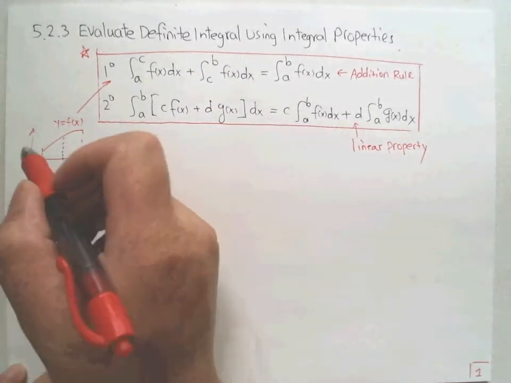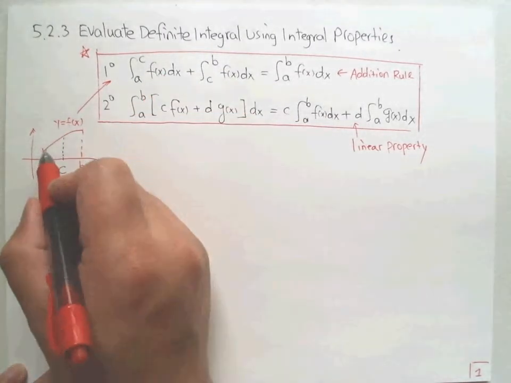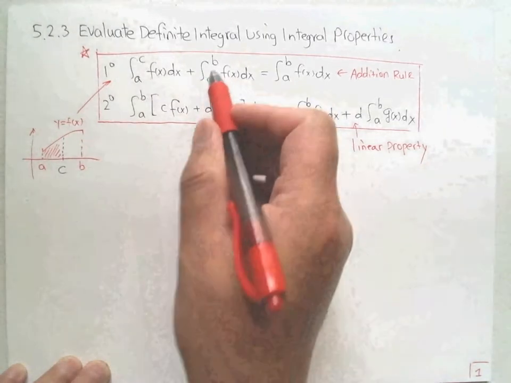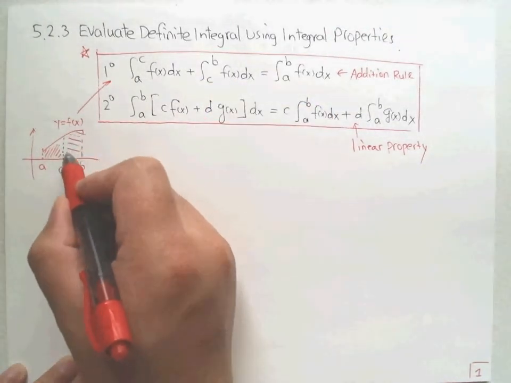A to C is this area, right? C to B is the area of this. If we add these two areas, what can we get?